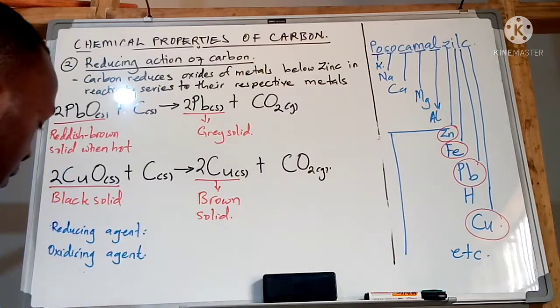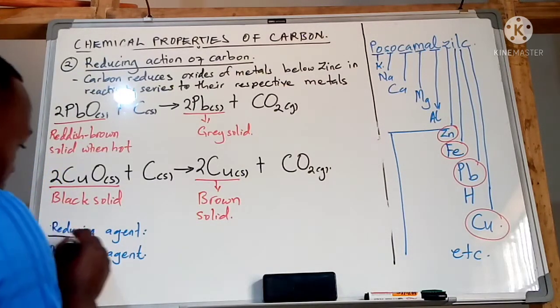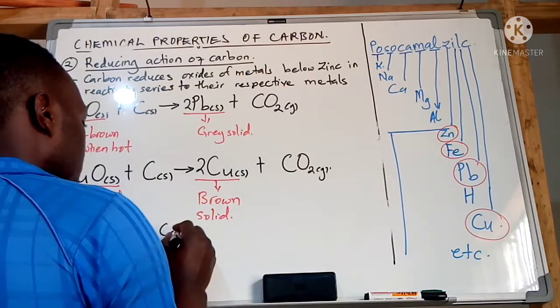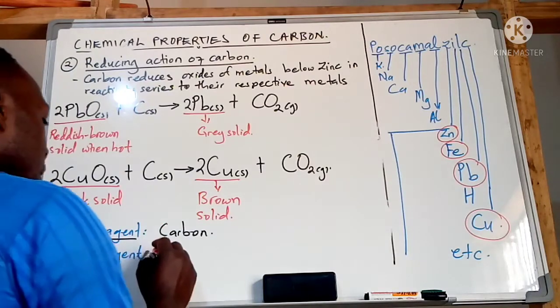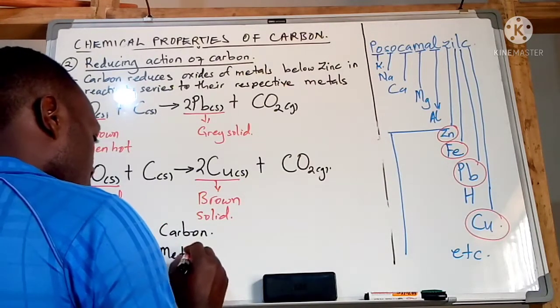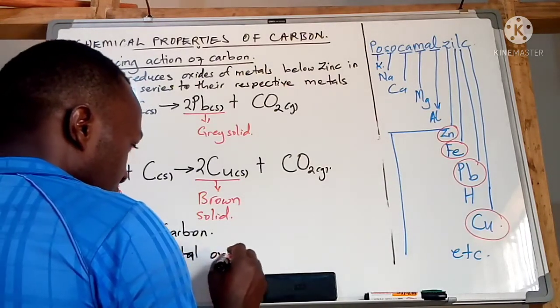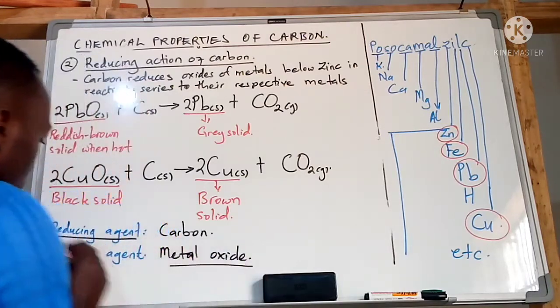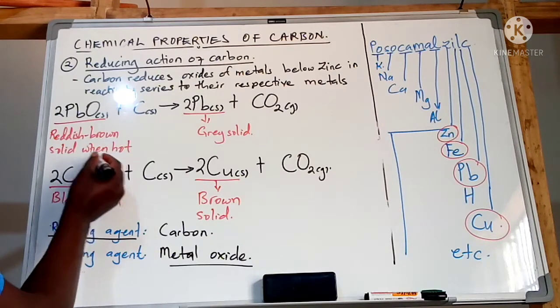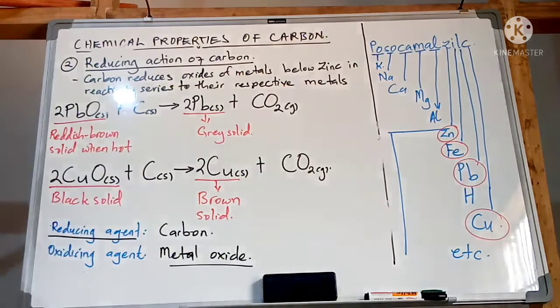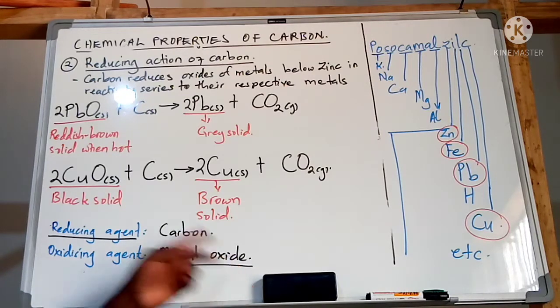So as a reducing agent, we are seeing carbon performing that role, and the metal oxide is the oxidizing agent. If I've given you an equation involving copper(II) oxide, the oxidizing agent becomes copper(II) oxide.